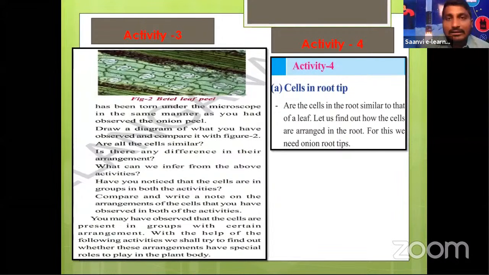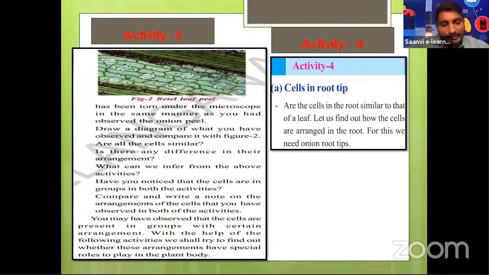That's why we can consider stomata the nose of the plant, because both do the same function. There may be a chance in the exam: nose of the plant, dash, stomata.